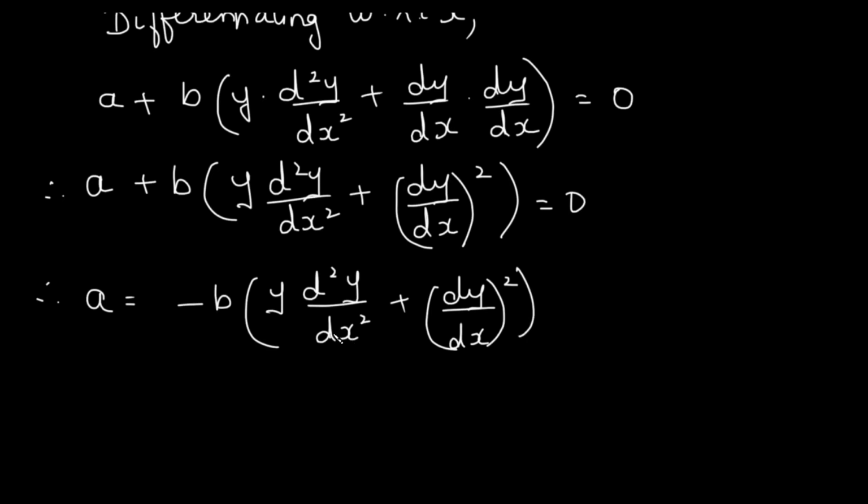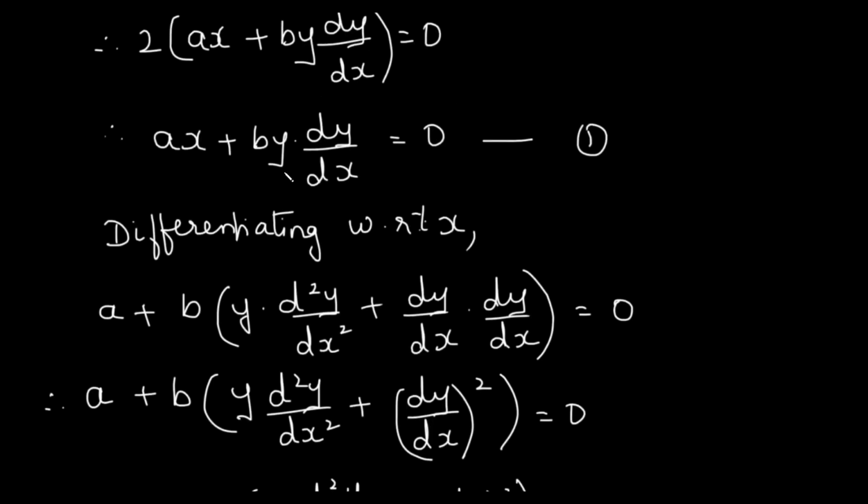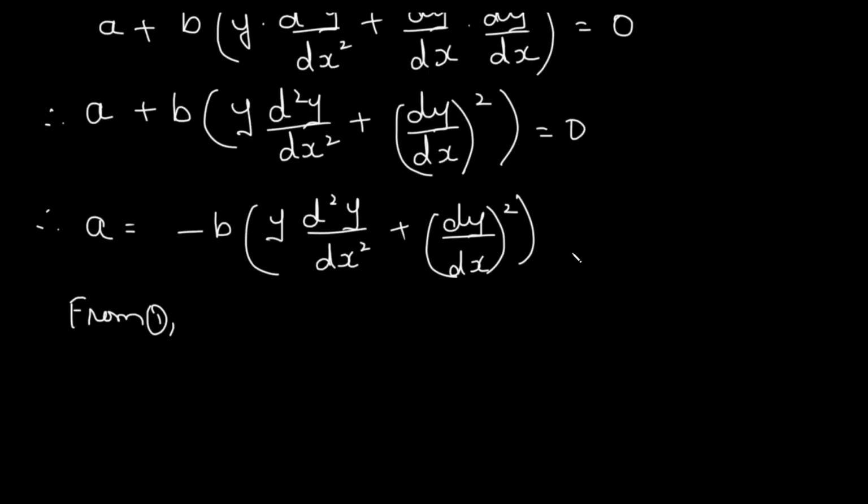Then now from equation 1, so equation 1 gives us, now what was equation 1 that we got over here? Equation 1 was ax + by dy/dx = 0. Now substitute the value of a in this equation. Put a as this term in this equation.